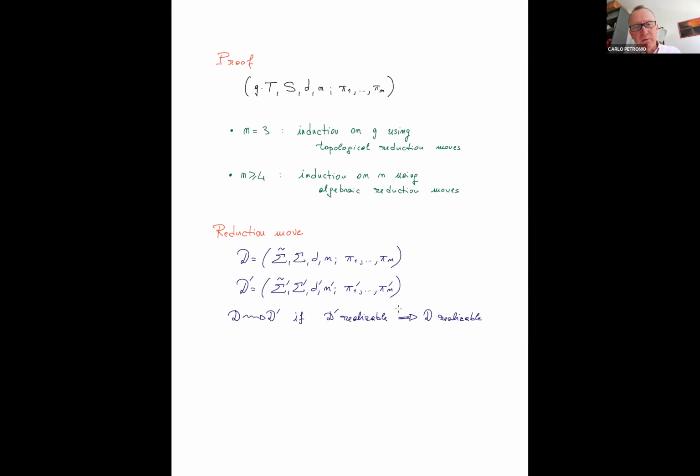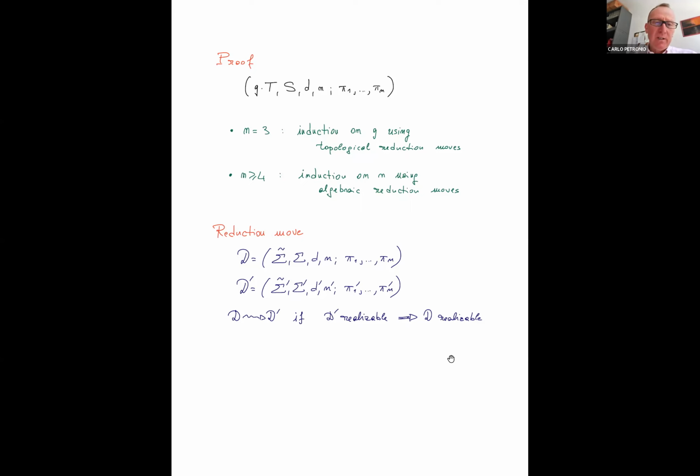And so these are only candidate data, with some relation between them. And we say that this is a reduction move if, assuming that D prime is realizable, you can conclude that D is realizable.